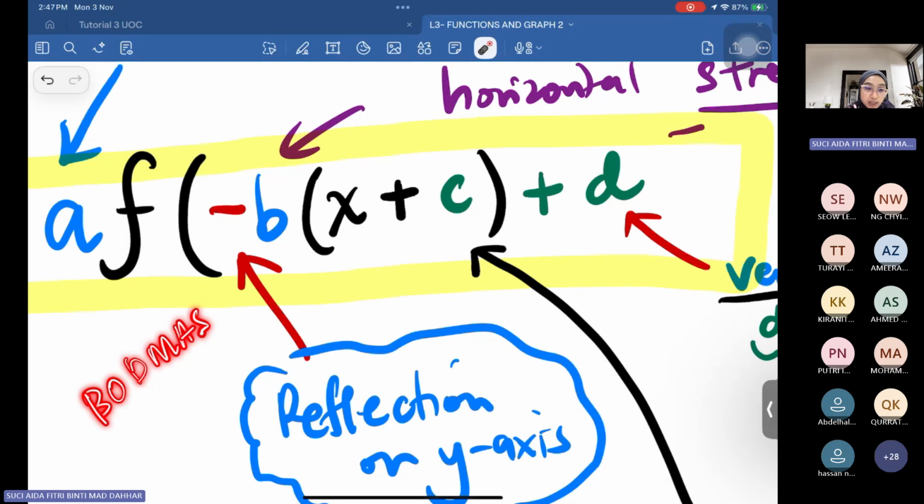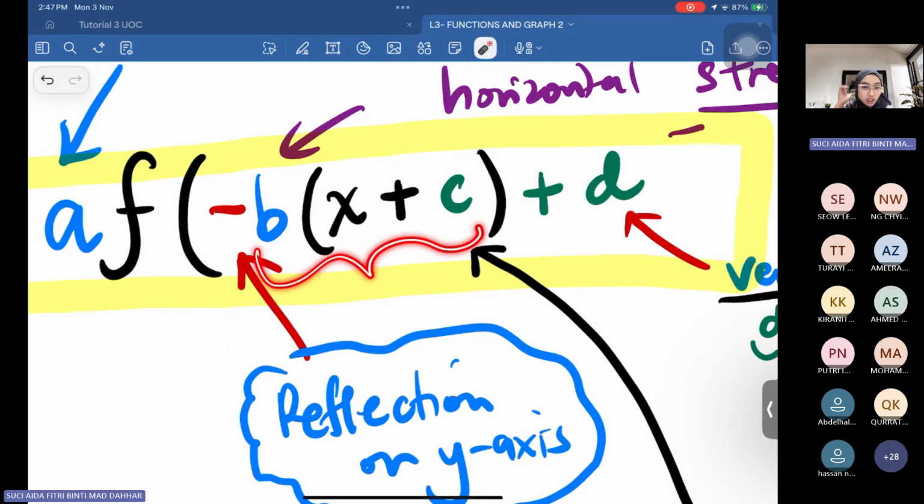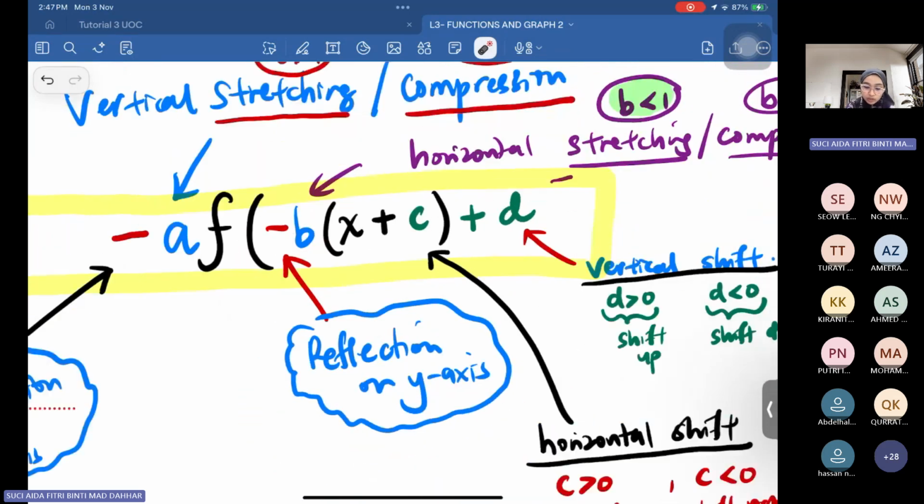We always prioritize division and multiplication over addition and subtraction, correct? When it's already written in factor form, you have to prioritize the multiple outside first. Then after that, you can shift your graph horizontally.